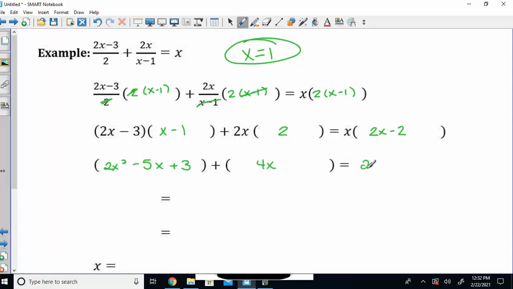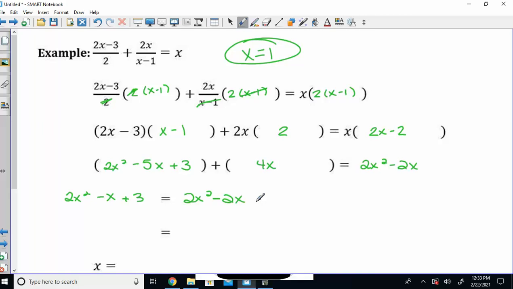Over here, distribute the x, you get 2x squared minus 2x. Alright. Then what? Don't we add the 4? Yeah, let's find our like terms. So we have 2x squared, negative 5x and positive 4x is negative x plus 3 equals 2x squared minus 2x.